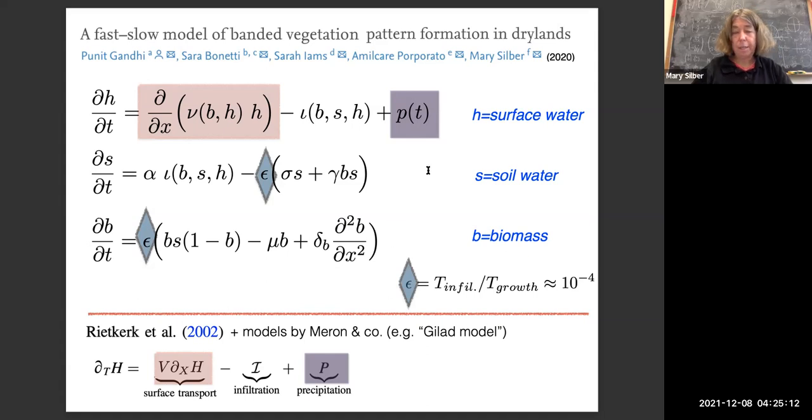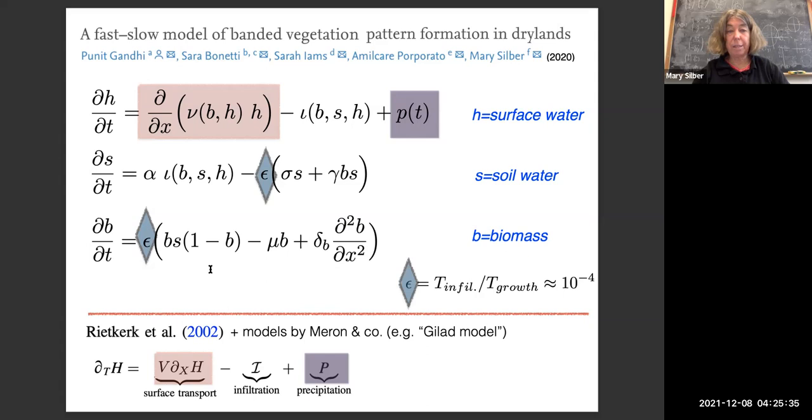And the other thing is that if you put in the parameters based on what the hydrologists tell you to do and non-dimensionalize the equations, there's a small parameter, which is that the infiltration time scale is much faster than the growth time scale.